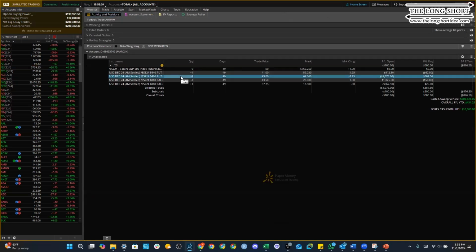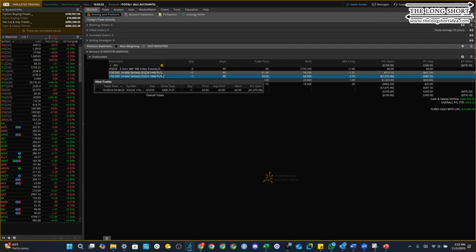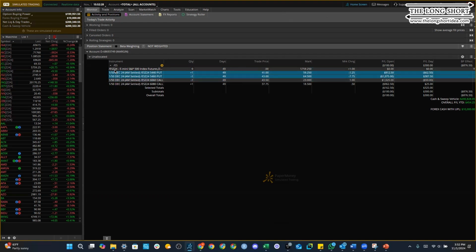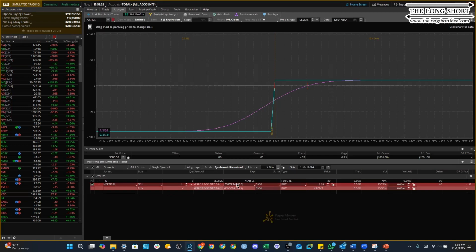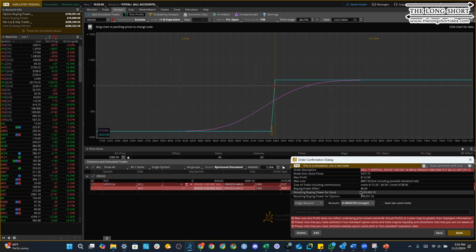But I don't know how much more buying power will be used, because I already have an iron condor sitting here in /ES as a test trade. If this was a real trade, this number would have been $300 in buying power. So you are collecting the same amount of cash, but you're putting down 3 times less money.